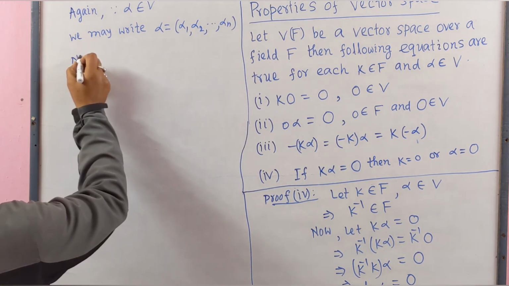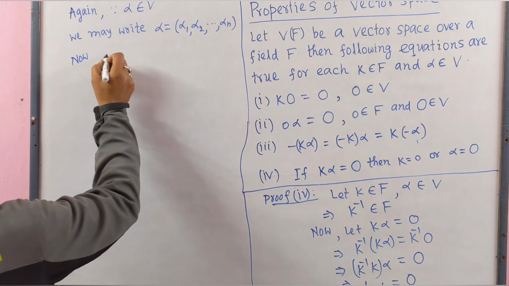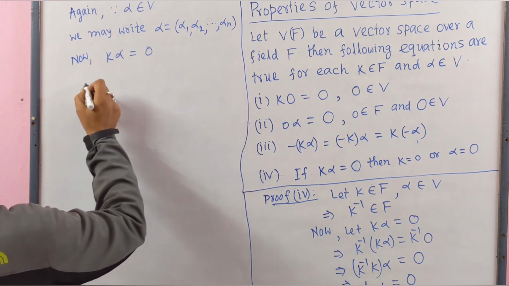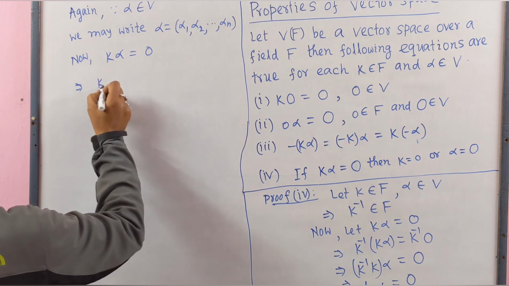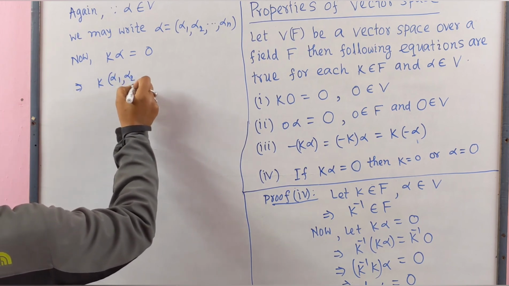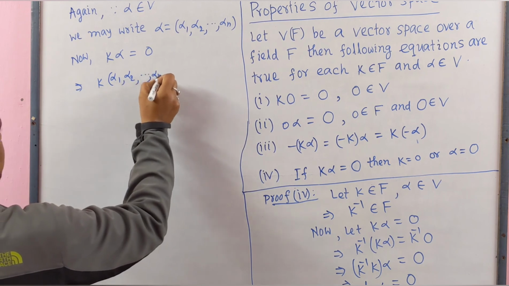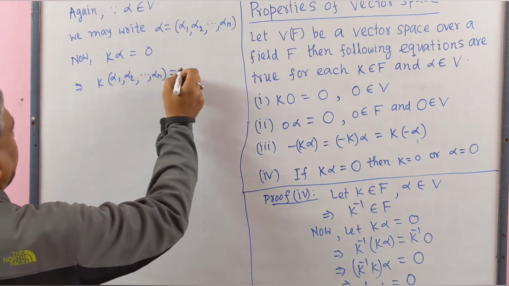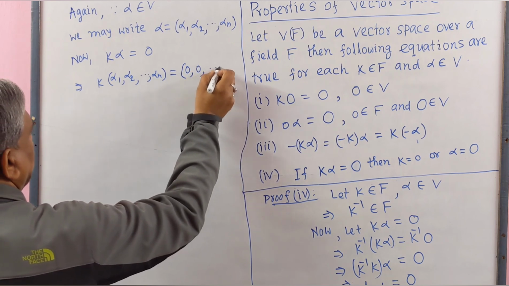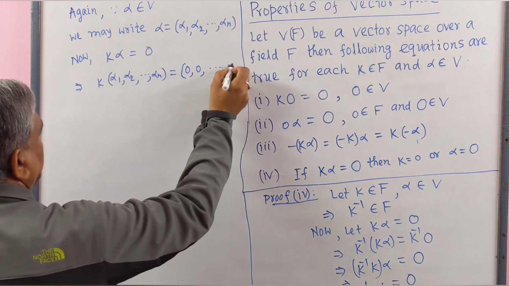Now k alpha equals 0 implies that k (alpha 1, alpha 2, ..., alpha n) equals the 0 vector, which we may write as (0, 0, ..., 0).